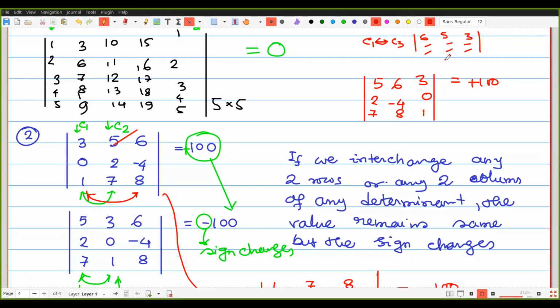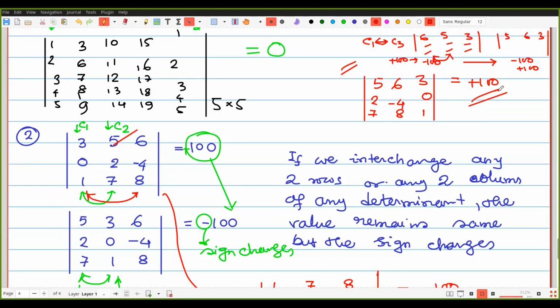Then once again we have interchanged column 2 and column 1, so it is becoming 5, 6, 3. So two interchanges. For the first one, it goes from +100 to -100, then another interchange, from -100 to +100. So the result is +100, two interchanges.